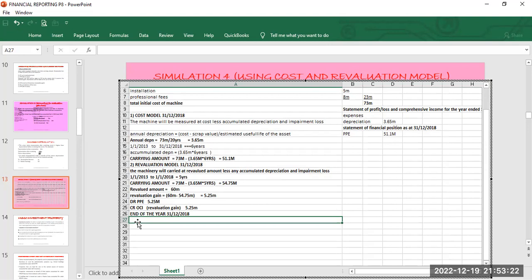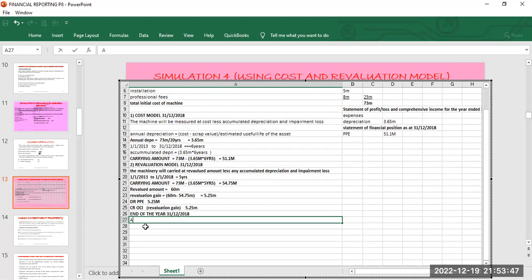Remember, if the asset was revalued on 1st January 2018, but the reporting was maybe towards 2019, we could compute for 2 years. But since it is only a duration of 1 year, we are only computing the depreciation of the revalued amount for only 1 year.